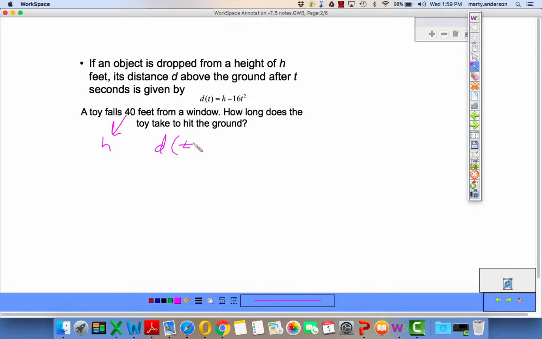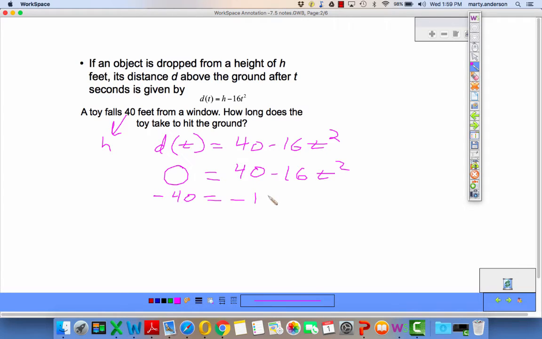distance at time t will be equal to 40 minus 16t squared. If I'm hitting the ground, my height is 0. So I'm going to have 0 equals 40 minus 16t squared. Subtract 40. Divide by negative 16.